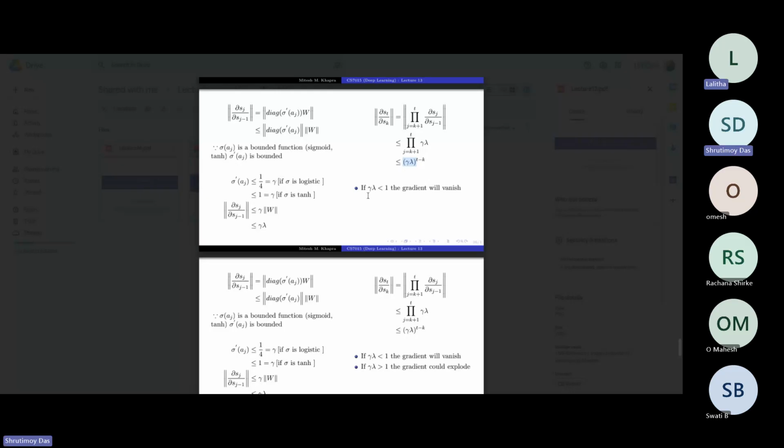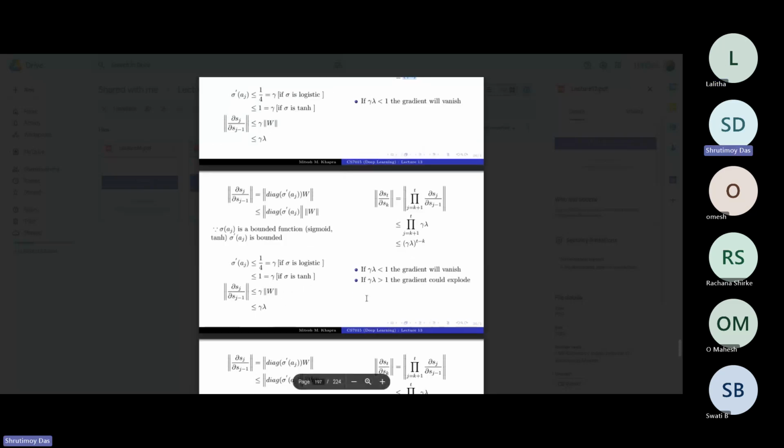But in our case, this is not less than 1, it is greater than 1. So it will explode.